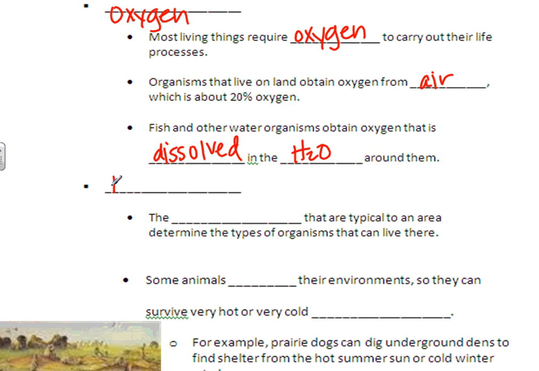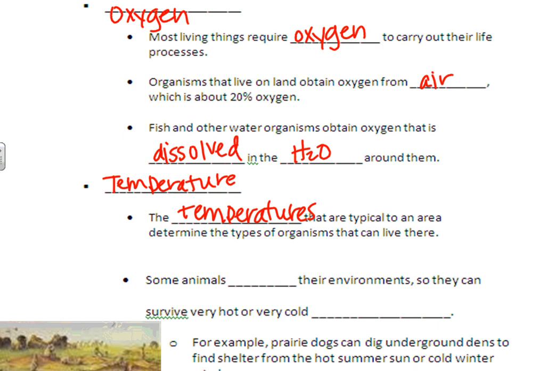The next abiotic factor is temperature. Okay, so the temperatures that are typical to an area determine the types of organisms that can live there.